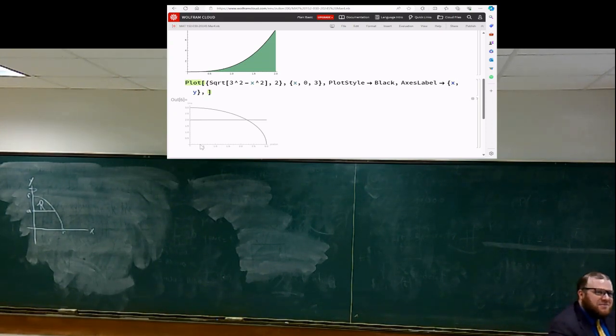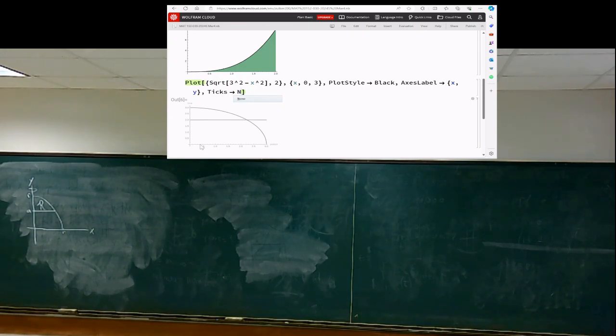They're ticks. I can adjust the ticks as well. So you can make the ticks whatever you want them to be.